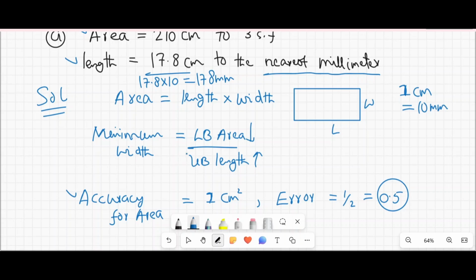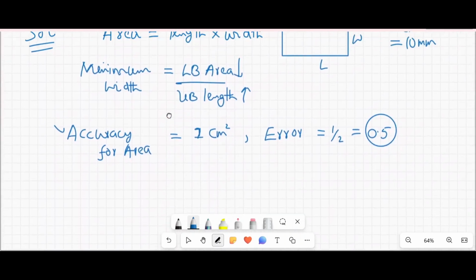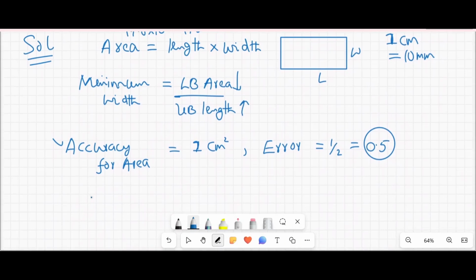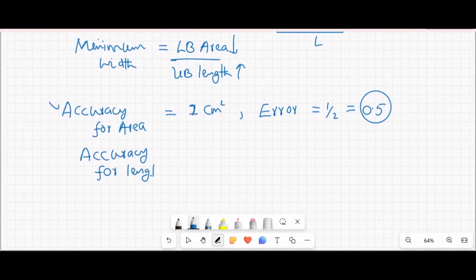So now the accuracy is nearest millimeter. So accuracy for length is nearest millimeter. It's 1 millimeter. So divide this by 2.